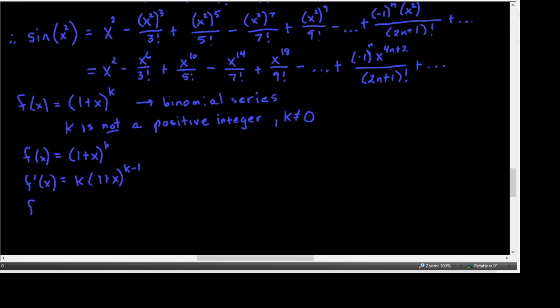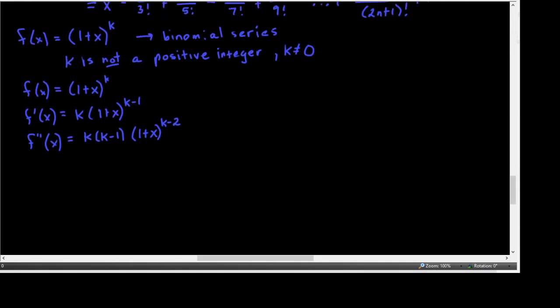The second derivative is k times k minus 1 times 1 plus x to the k minus 2.